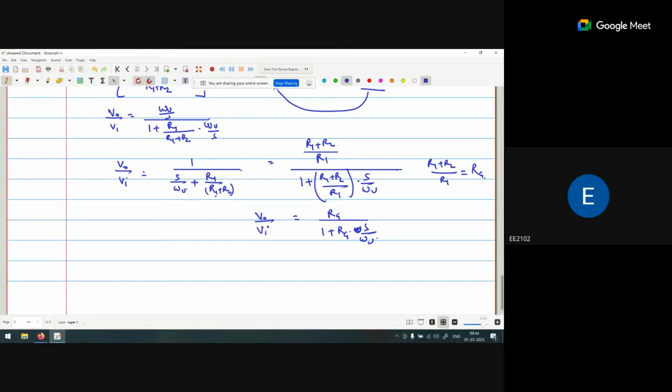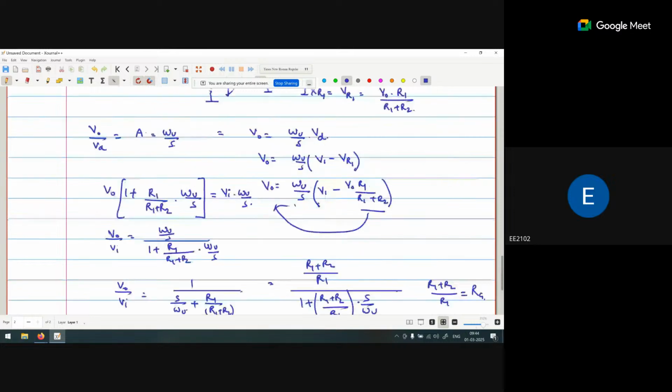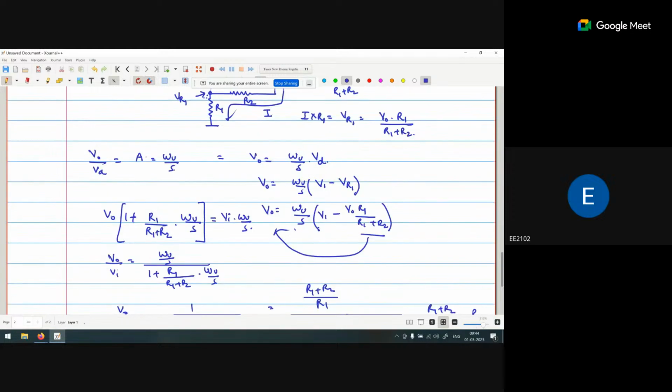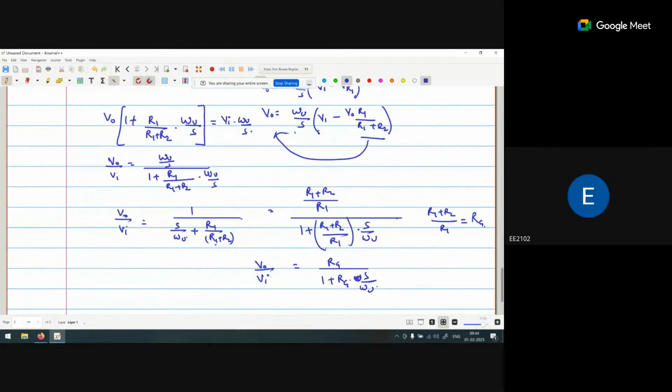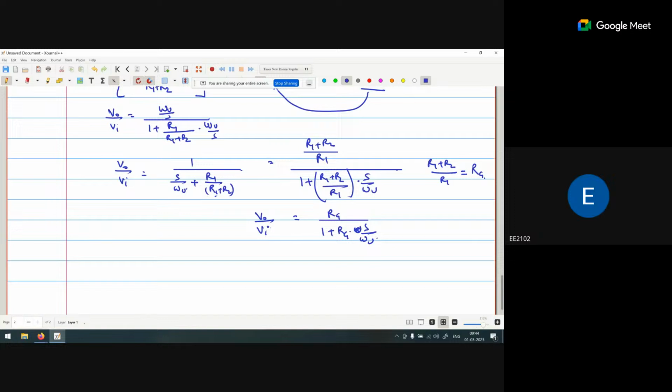Now what is the effect of this one? Initially, if we are talking, my bandwidth is changed. What is the gain?